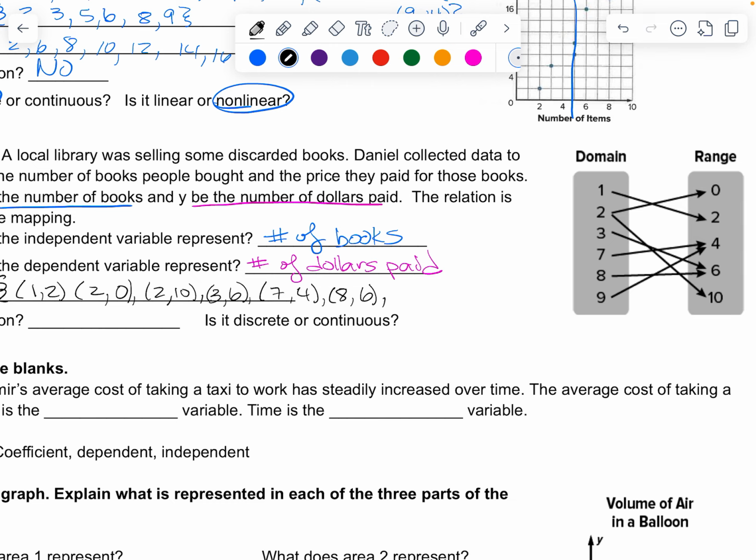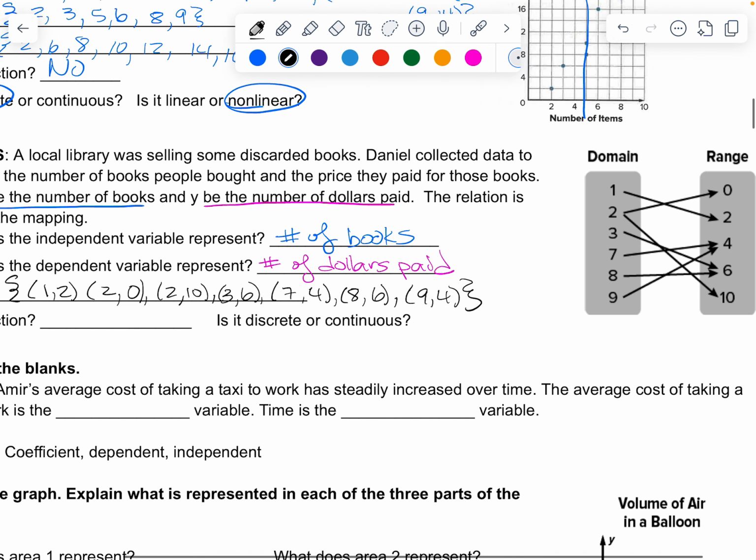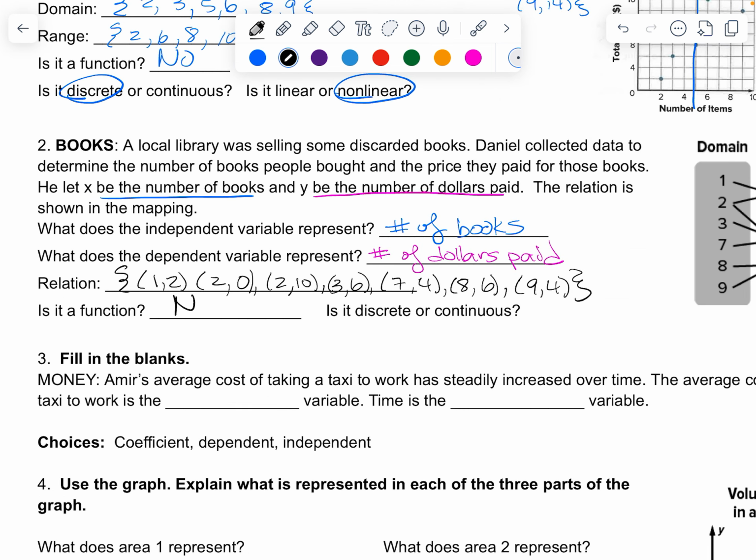And 9 goes to 4. Okay, is this a function? No. Because if we look at it, 2 has 2 different outputs, and when we're talking about books, it's going to be discrete because you can't have part of a book.